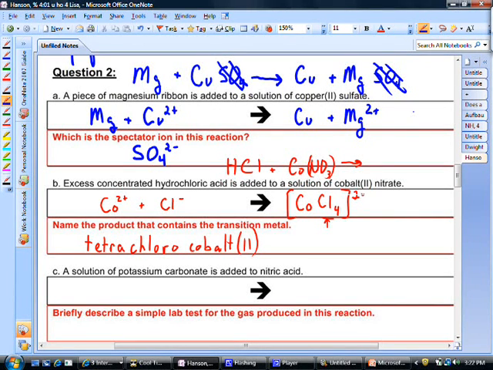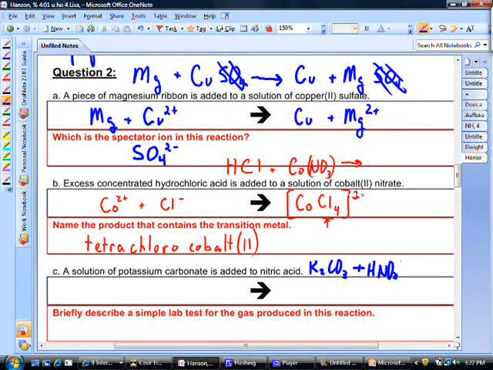Now we've got potassium carbonate, K2CO3. You know it's going to be in solution. In fact, in this particular case, it doesn't matter a lot whether it's in solution. You're going to get a similar kind of reaction. Similar, not exactly the same. Nitric acid, HNO3.